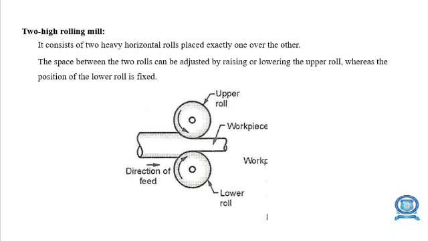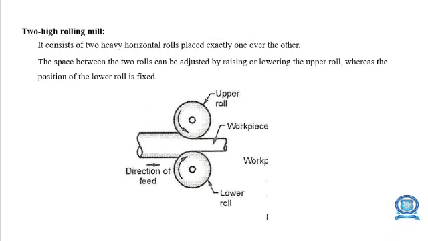It consists of two heavy horizontal rolls exactly one over the other. The space between the two rolls can be adjusted by raising or lowering the upper roll. Once the position of the roll is fixed, both the rollers rotate in opposite directions to each other.